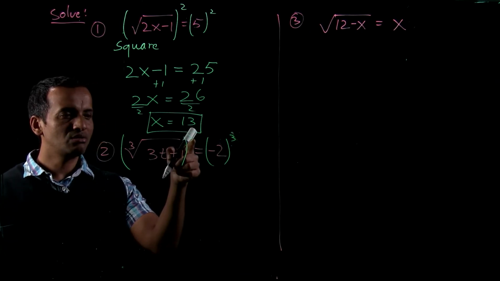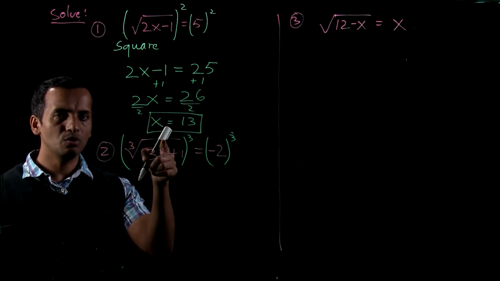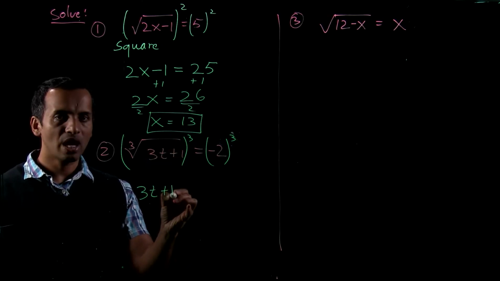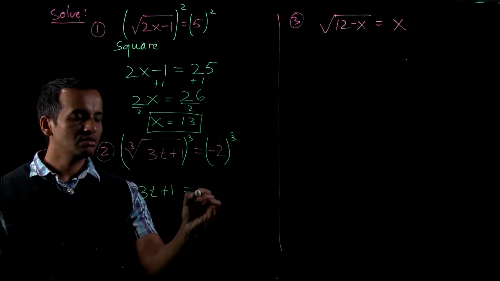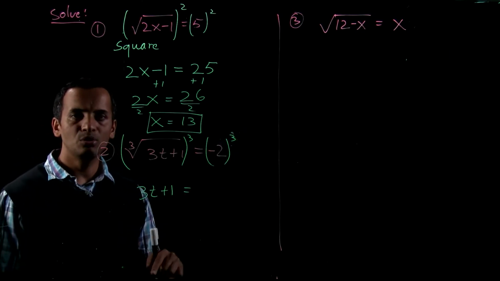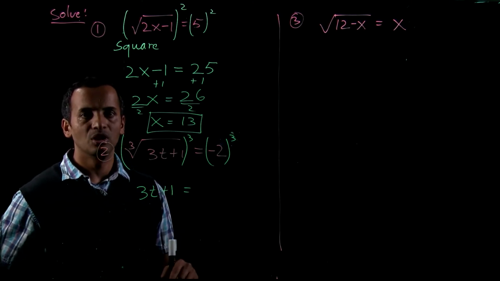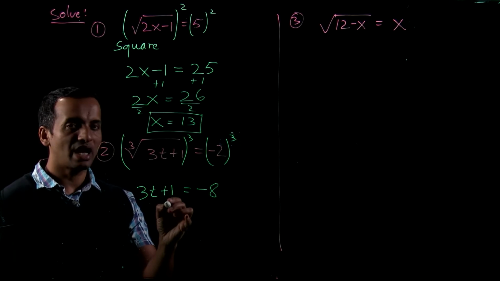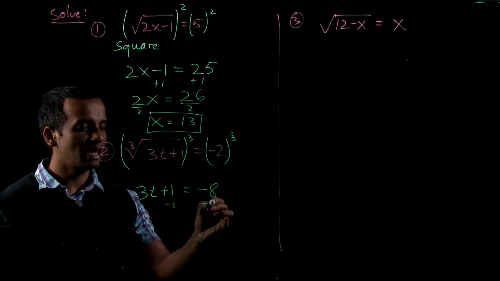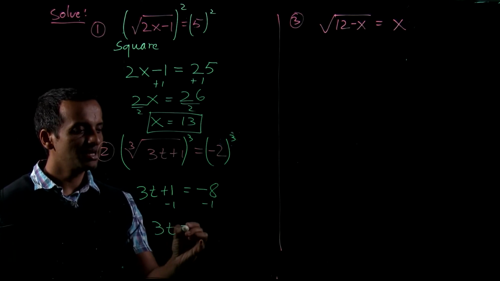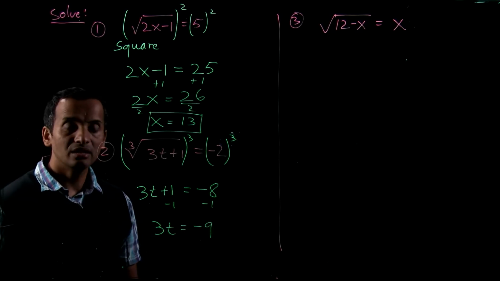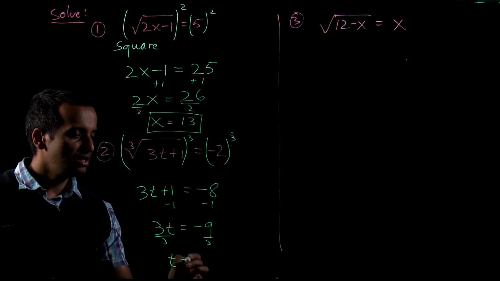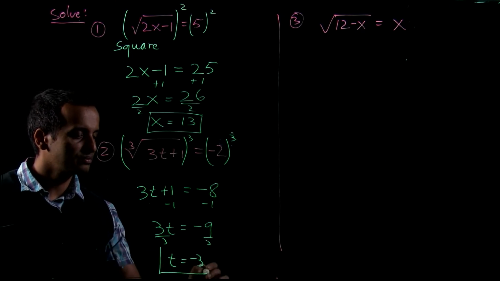When you raise the power 3, that 3 and the cube root will cancel, so what is left is 3t plus 1 equals negative 2 cubed, which is negative 2 times negative 2 times negative 2, so this will be negative 8. Now you need to subtract 1 from both sides, so you'll get 3t equals negative 9, correct, and then divide by 3, you will get t equals negative 3.